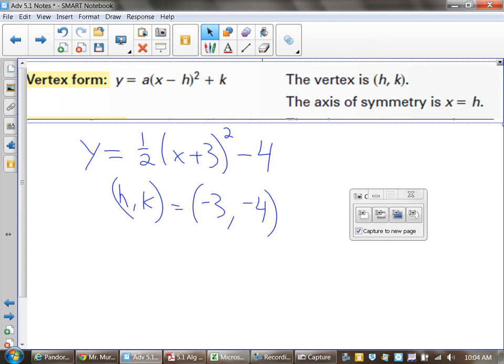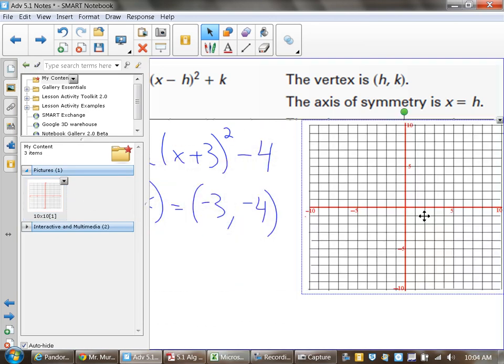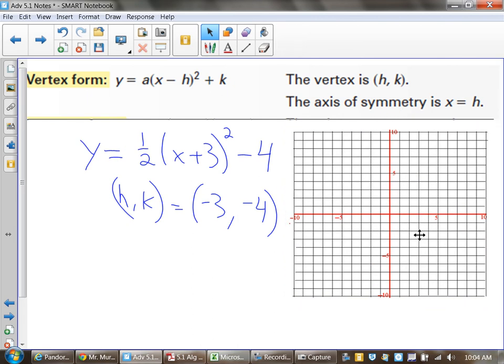Now, this tells you where your vertex is. So when I go to plot something like this, let's get a small graph here. I know that my vertex lies at -3, -4.